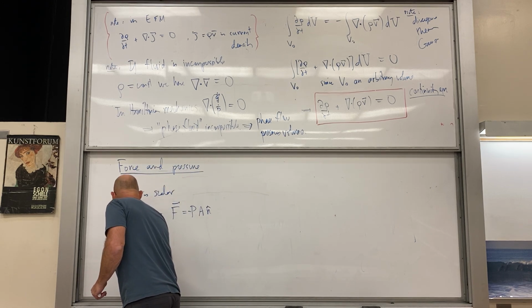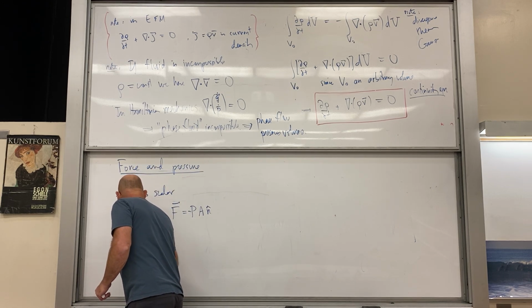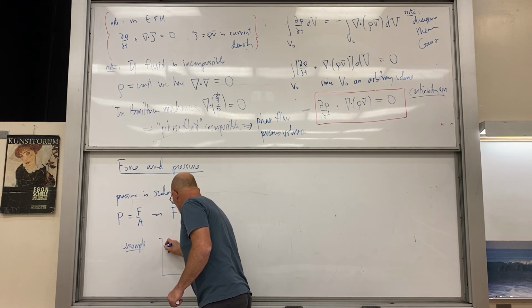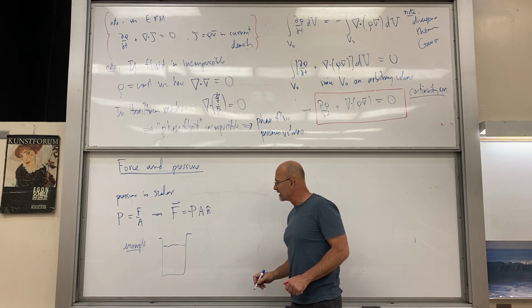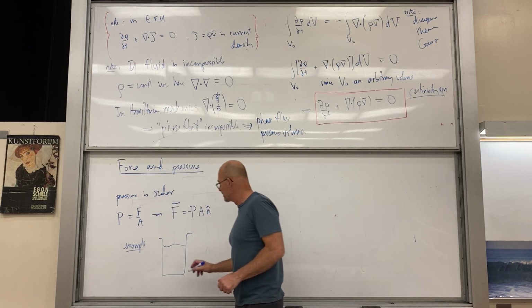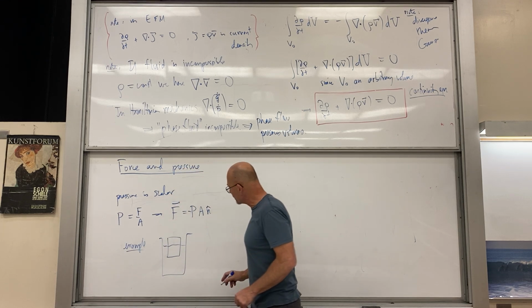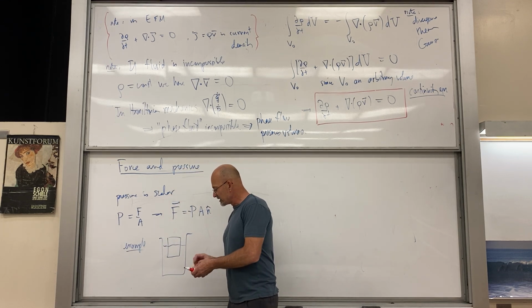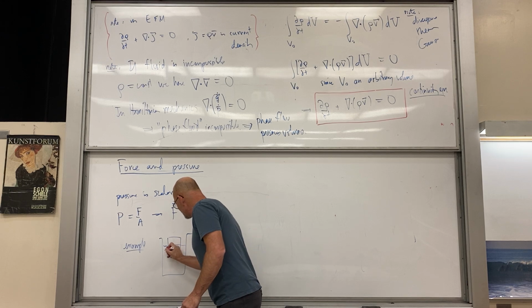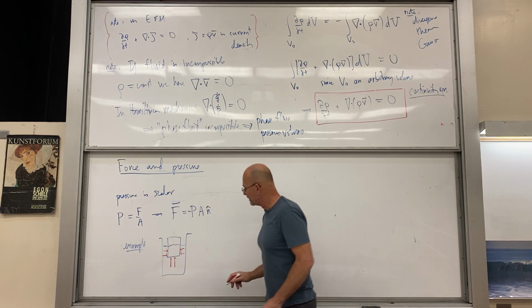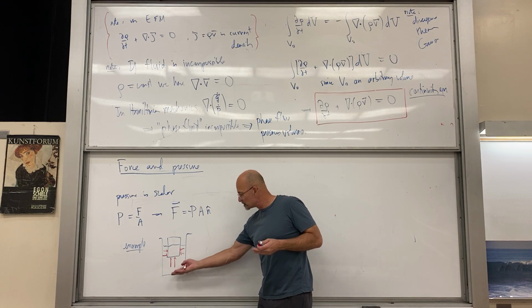Example, and we'll derive this momentarily, but you have something floating. So you have something that can float in water, then you have all these, I'll draw them, you have pressures pushing on the sides, but then you have pressure times area pushing up on the bottom.